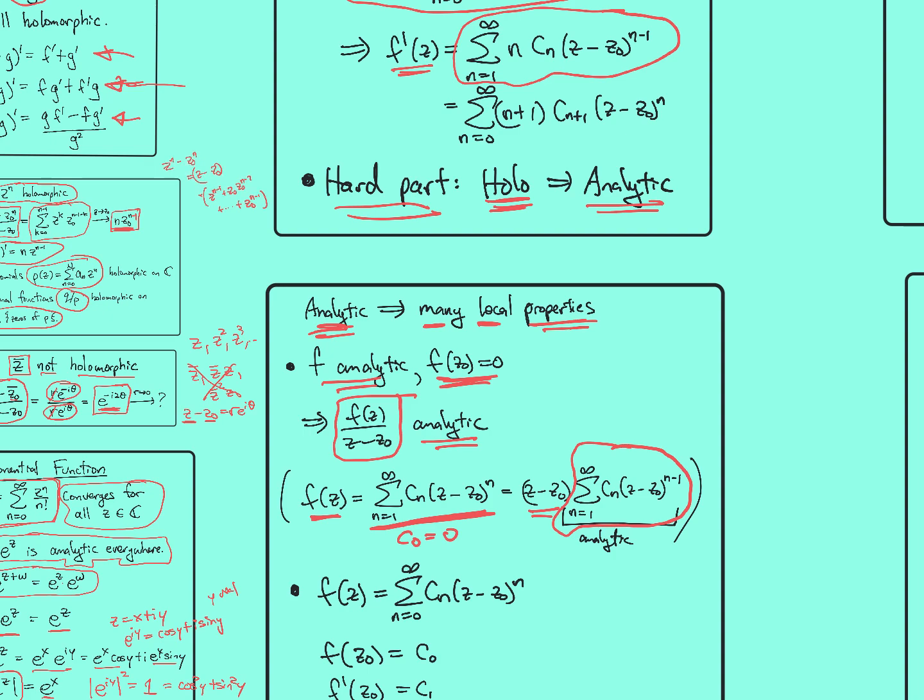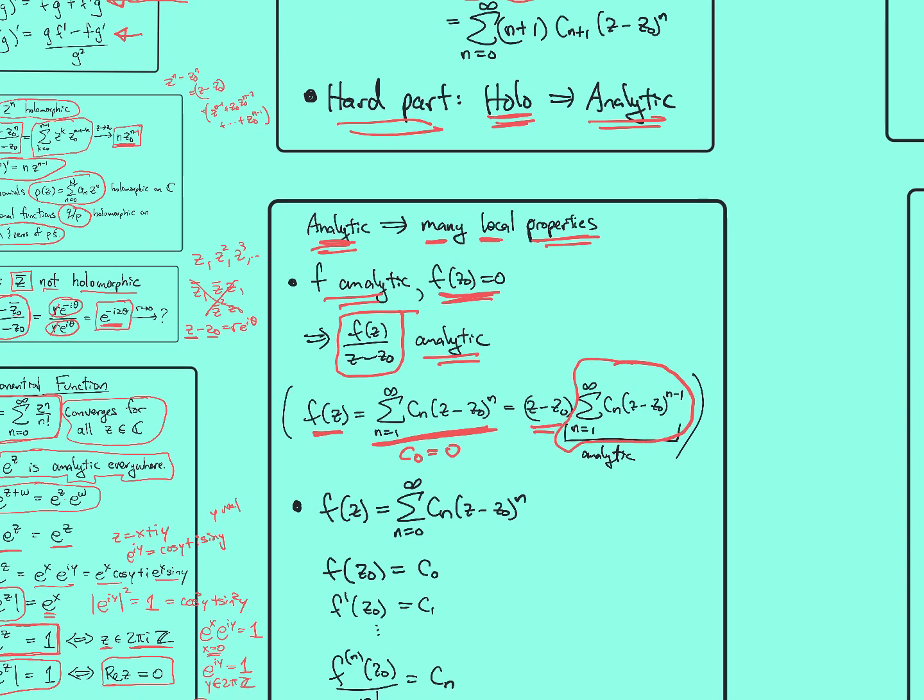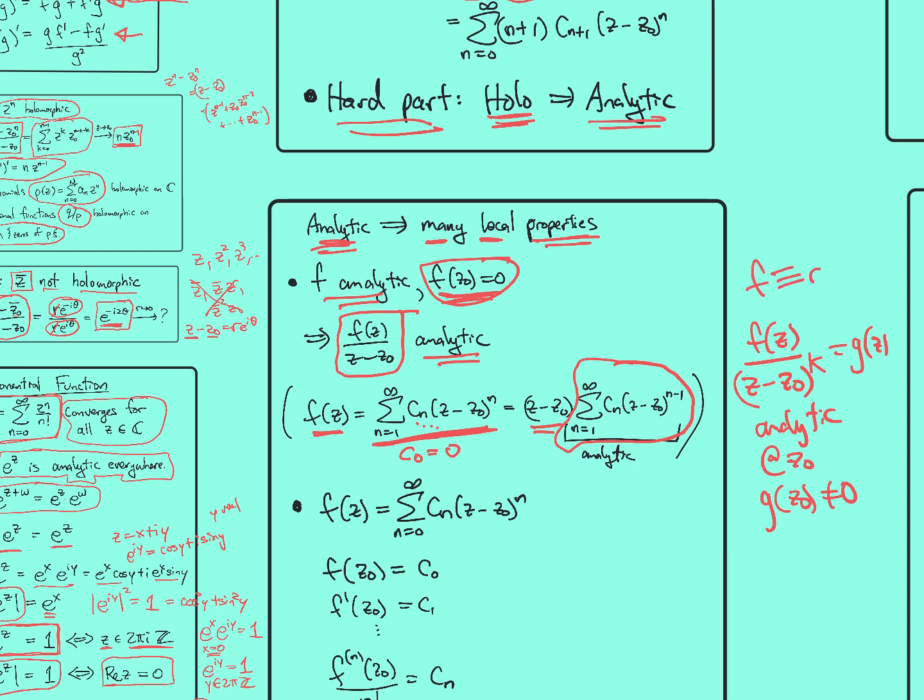Now I can just divide, and so f over z minus z naught is analytic. And you could do this as many times until you got to the first non-zero term. So at any point where I have a 0, I could divide out a certain multiplicity of zeros to get a function g that's analytic at z naught, and I've wiped out the 0. You could do this as long as f is not identically 0.